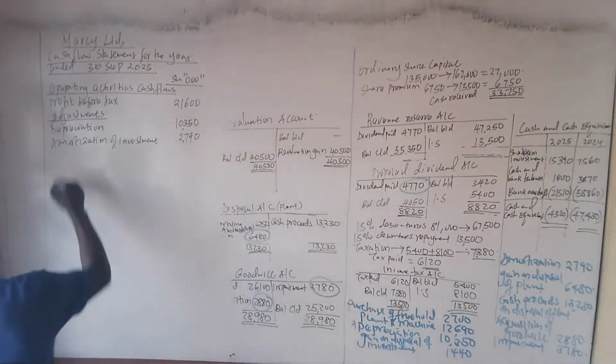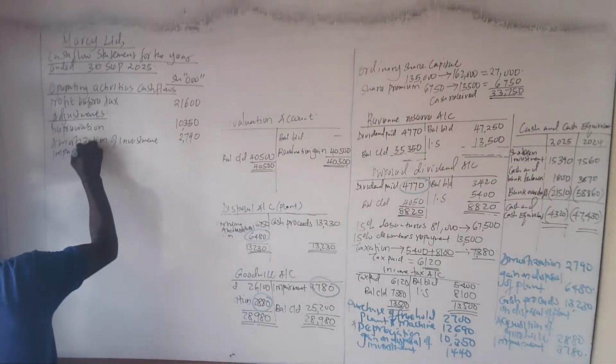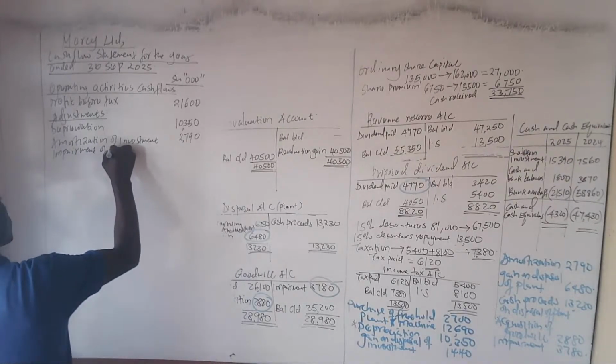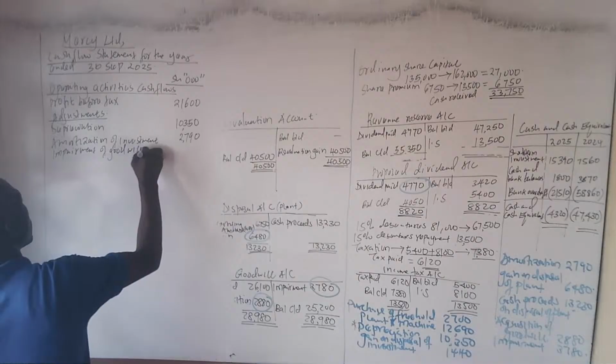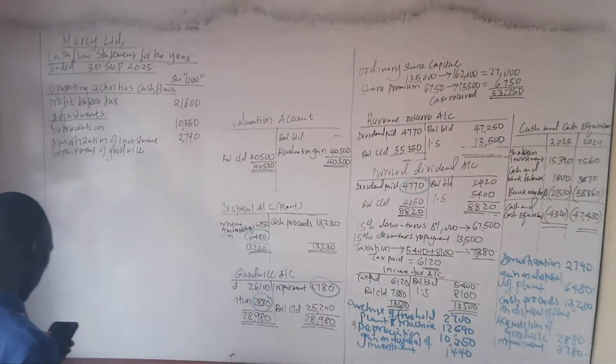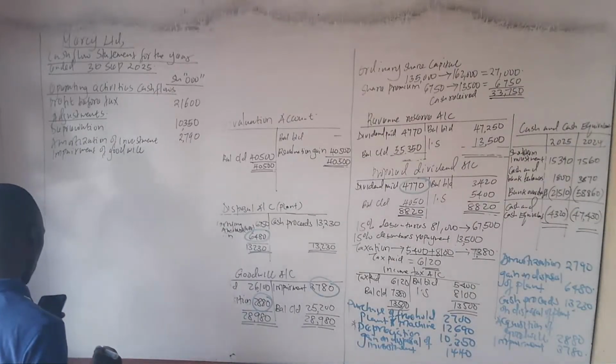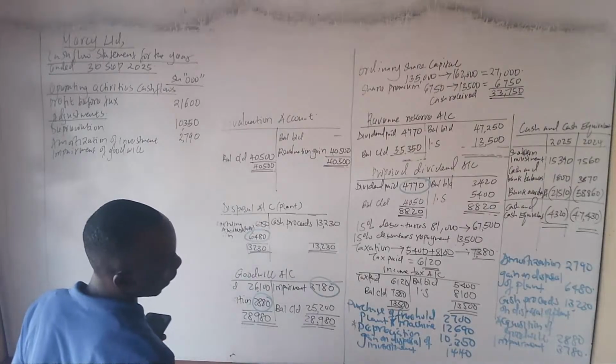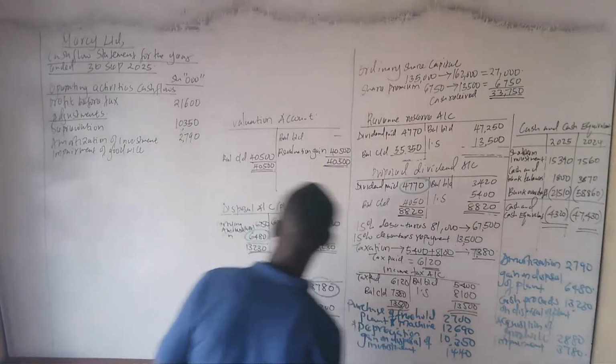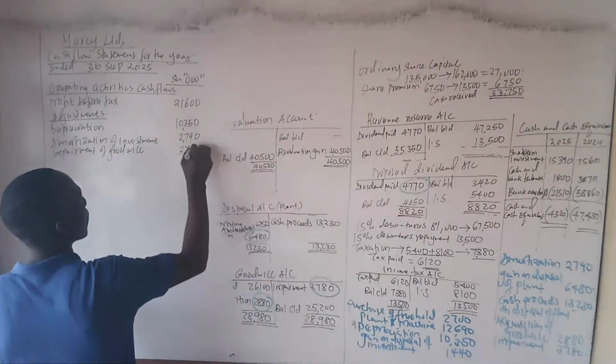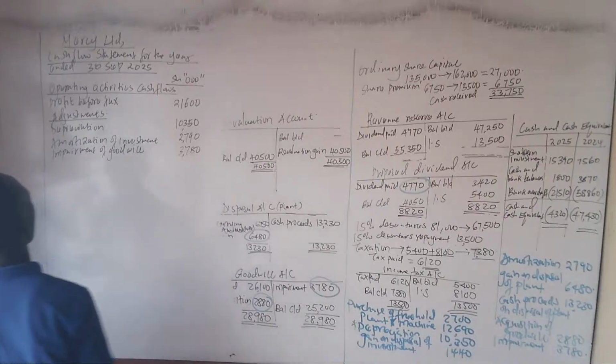Then from there, we had the impairment of goodwill, an amount of 3,780. We add that back.